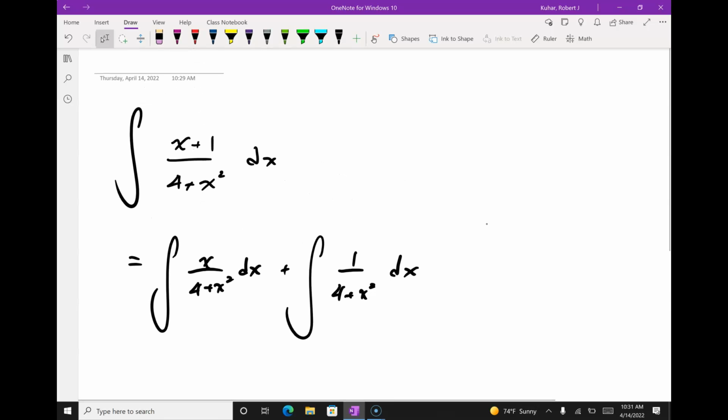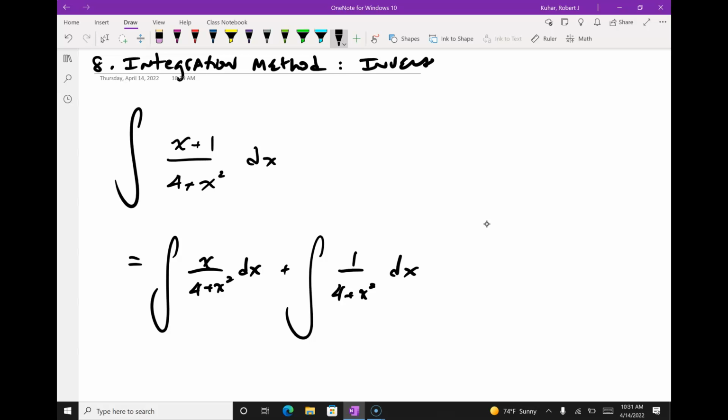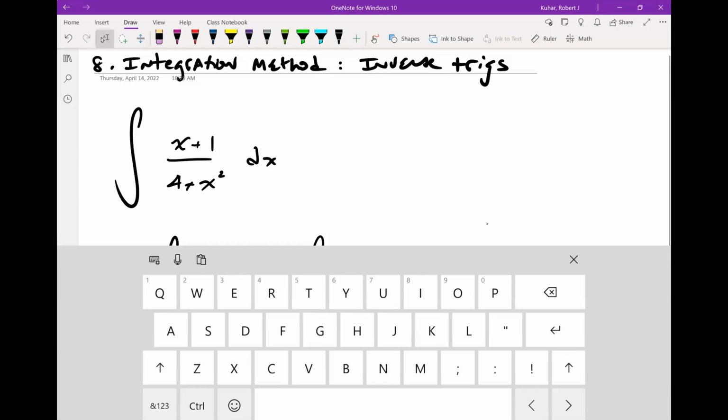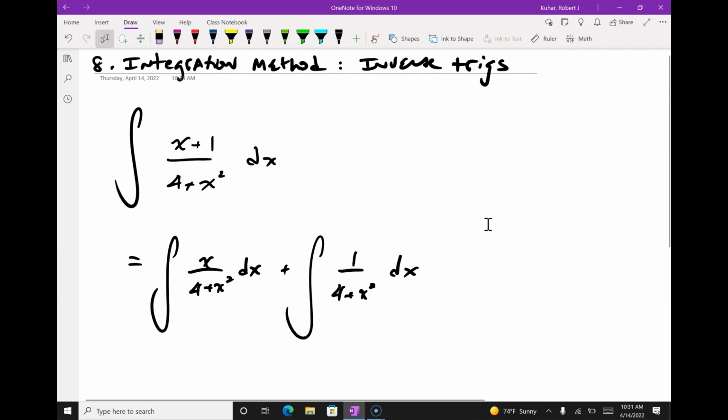So what are we talking about here? Integration method, inverse trigs, right? And these are probably the toughest part. So, toughest part, do you think it will show up on your test? Yes. I always like to test you on the most difficult things, because then I know you're ready. Who wants an easy test?